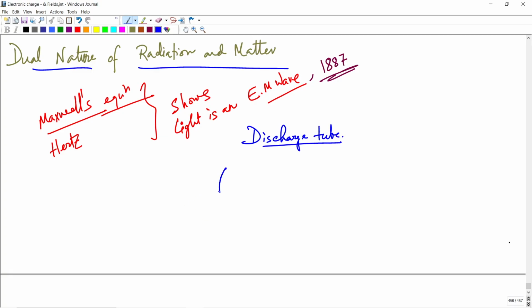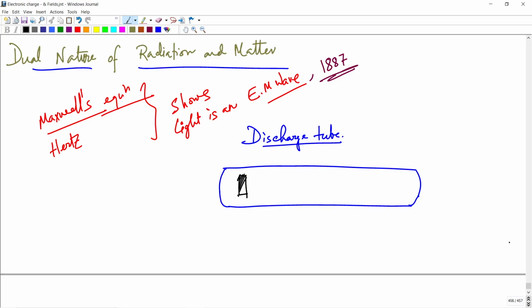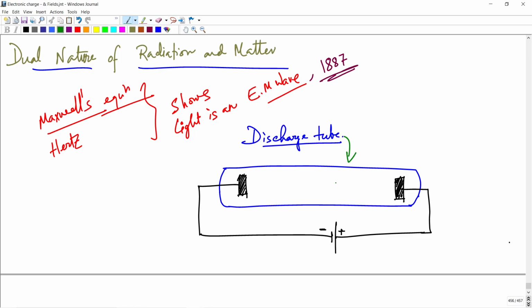There is the tube, and inside we place two metallic plates, one plate here, another plate here, also called electrodes. One electrode connects to positive and another connects to negative. This tube is called a discharge tube.